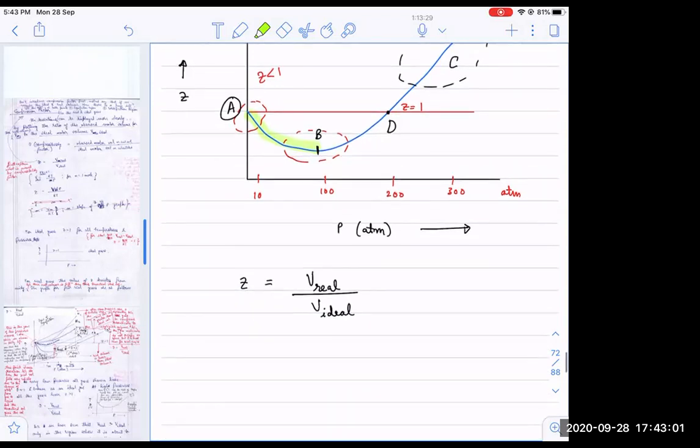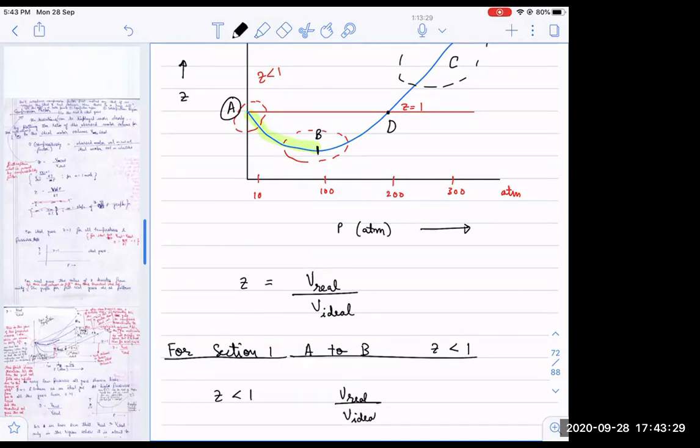Let me write it down for you. For section 1, A to B, Z is always less than 1. What does it mean? It means V real by V ideal is less than 1.